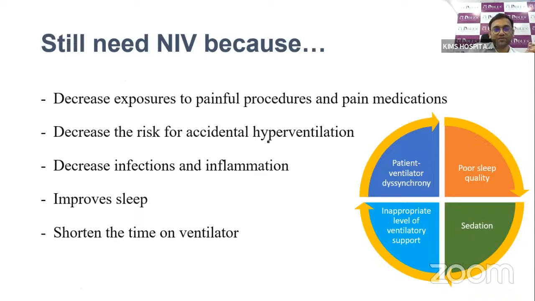It can lead to more infection because of poor drainage of secretions. By using NIV, we can decrease the chance of pain, accidental hyperventilation, and infection and inflammation. NIV leads to better sleep because the pain is less and the baby is more comfortable on non-invasive support. Studies have clearly shown that NIV shortens the duration of ventilation.